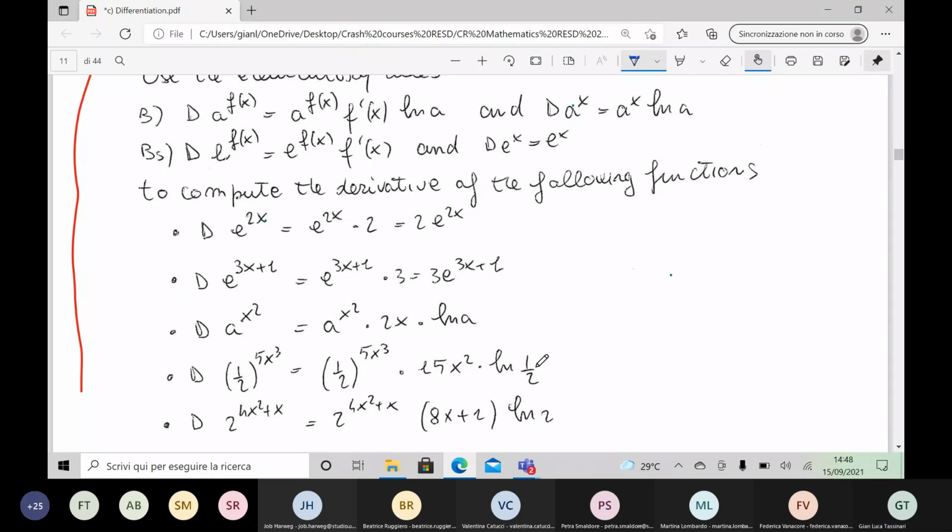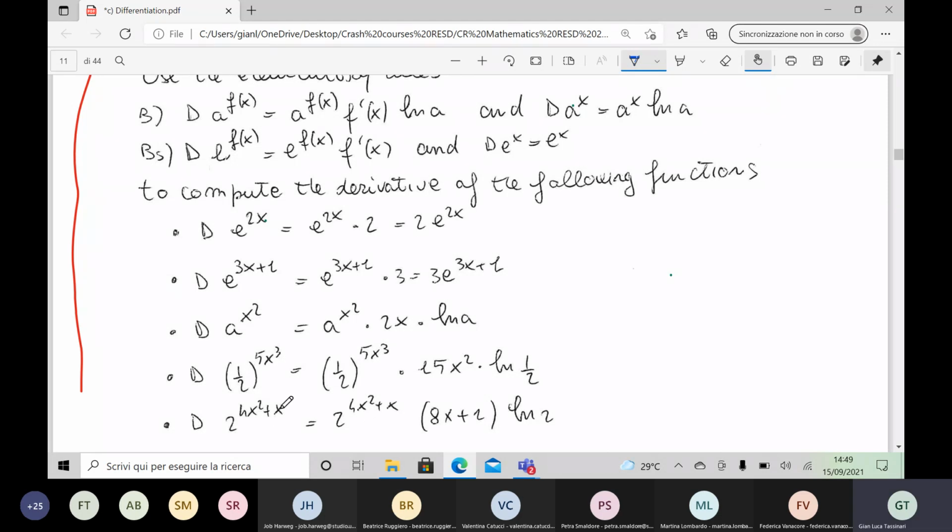Now, derivative of this one, 2 to the power 4x squared plus x. Again, which is the rule you need to apply, guys? Here 2 is like a, and the exponent is f of x. So obviously we need to apply again the most general formula. So the rule tells you to copy a to the power f of x as it was, times what?